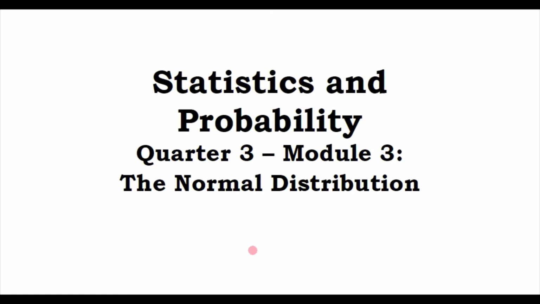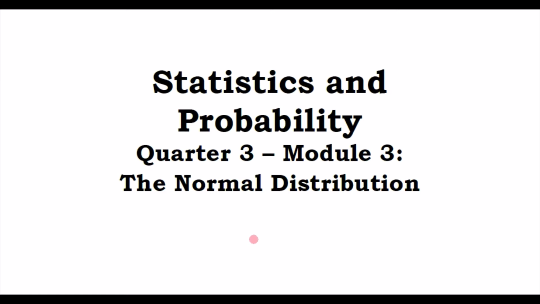When we say discrete, these are data which are countable. And when we say continuous, these are data that cannot be counted but we can measure.